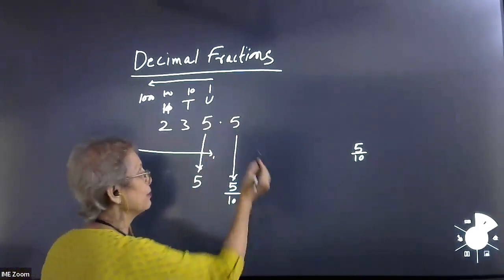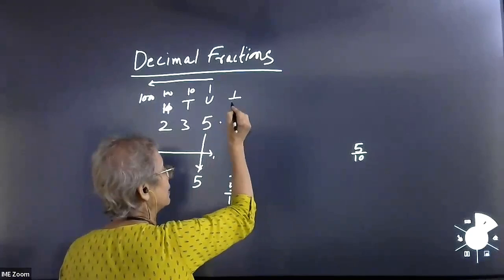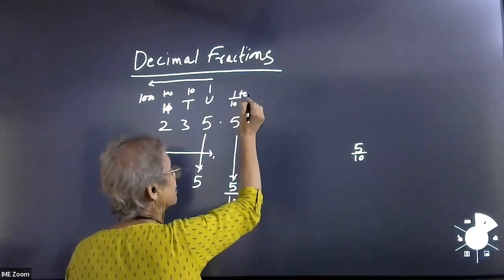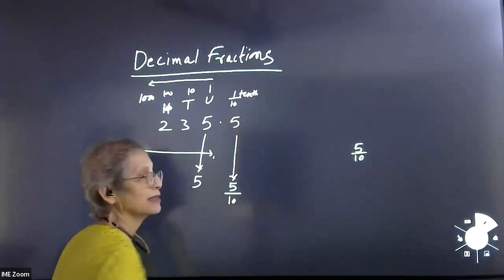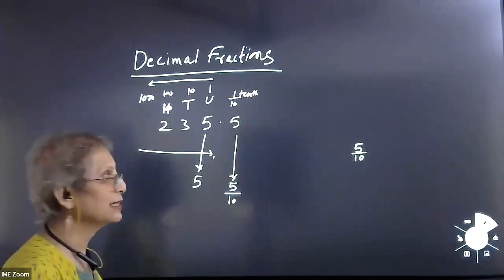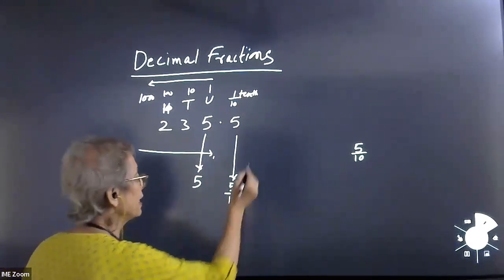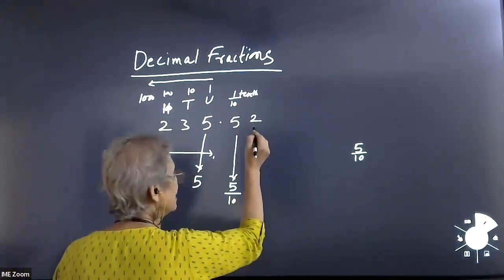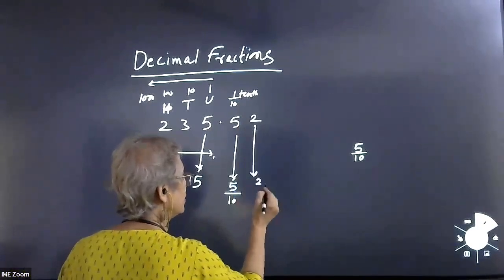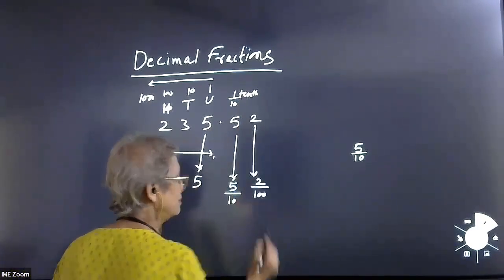This place is 1 upon 10 or a tenth. It is called tenth place. So the place value is 5 upon 10. Suppose I write one more digit over here, then the value of this 2 will be 2 upon 100.